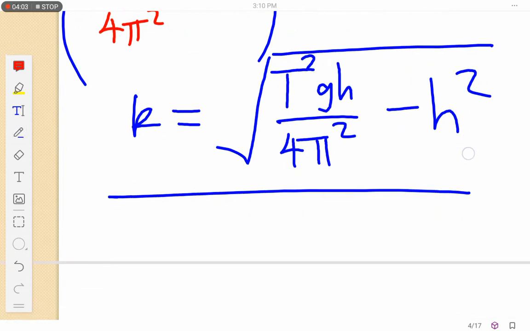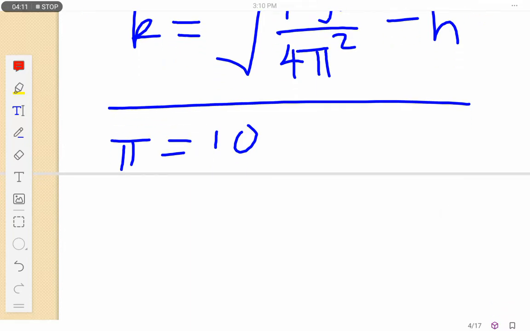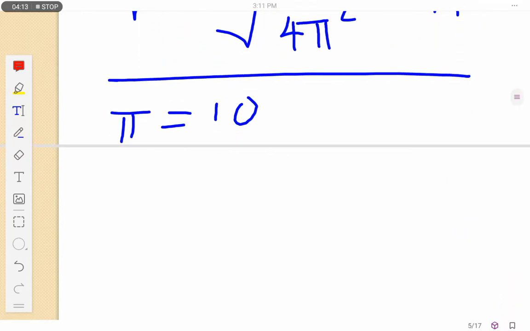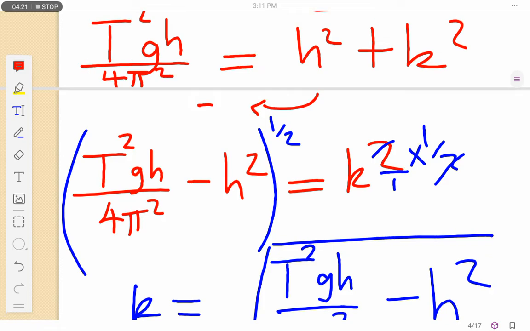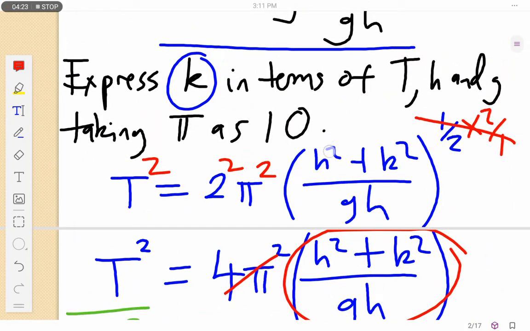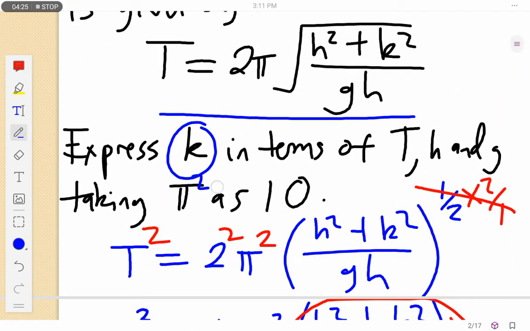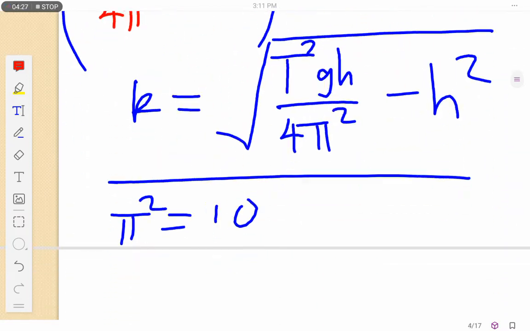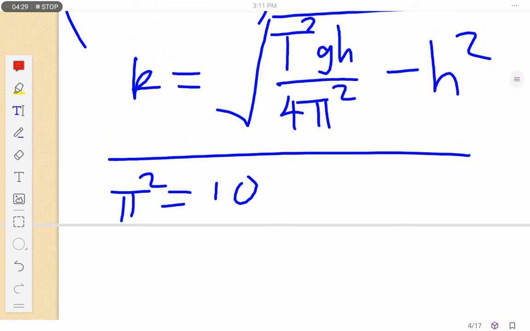When you've done this, you have reached the k. But remember, we were given that pi squared is equal to 10. So we are going to substitute by 10 there. The question was saying pi squared here. So our pi squared is equal to 10.